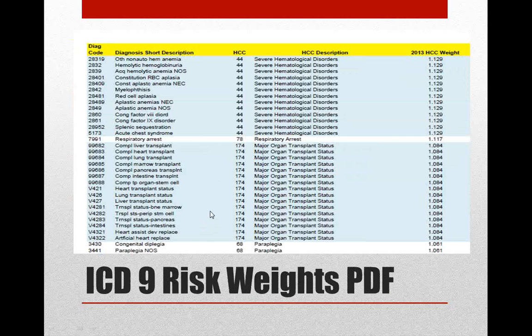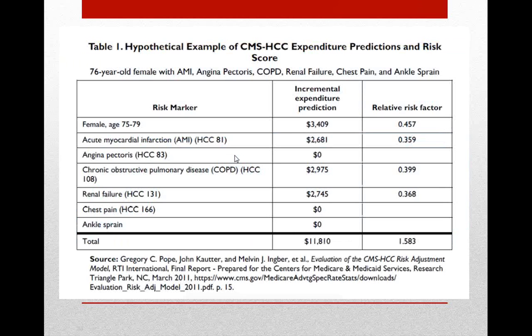Another form out there is the ICD-9 risk weight. So if you actually want to know the weights for each of these disease states, that's out there. And then again, remember, this is a multiplier, which we'll get into in a couple minutes and show you how that works. Typical example, every patient gets demographics. You don't have to code this, their sex and their age. And you get an allotment for that, in this case, $3,400.